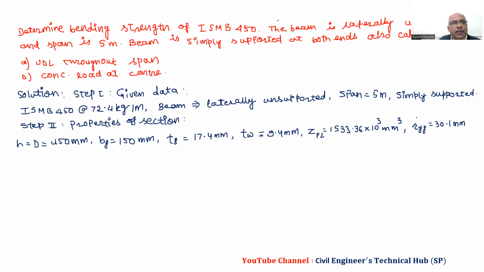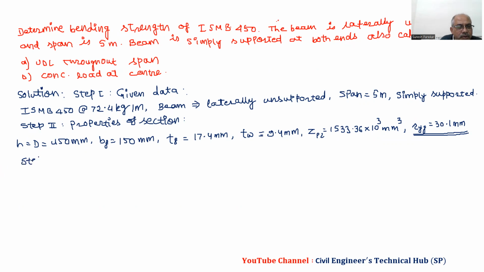I have taken the same problem so that you can compare how the strength of the member changes. Now this extra value we require in laterally unsupported, which is RYY 30.1 millimeters.